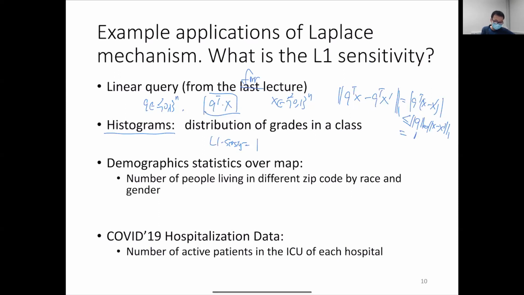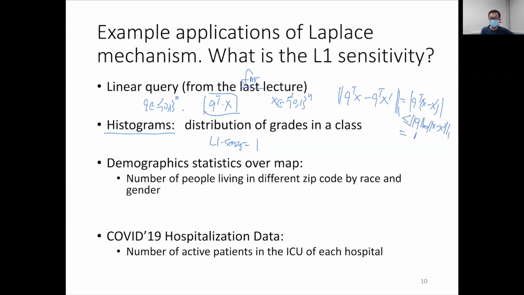Next, this one I want to get an answer from you. Let's say that we want to publish some demographic statistics over the map. Let's count the number of people in different zip codes in Santa Barbara, by race and gender.